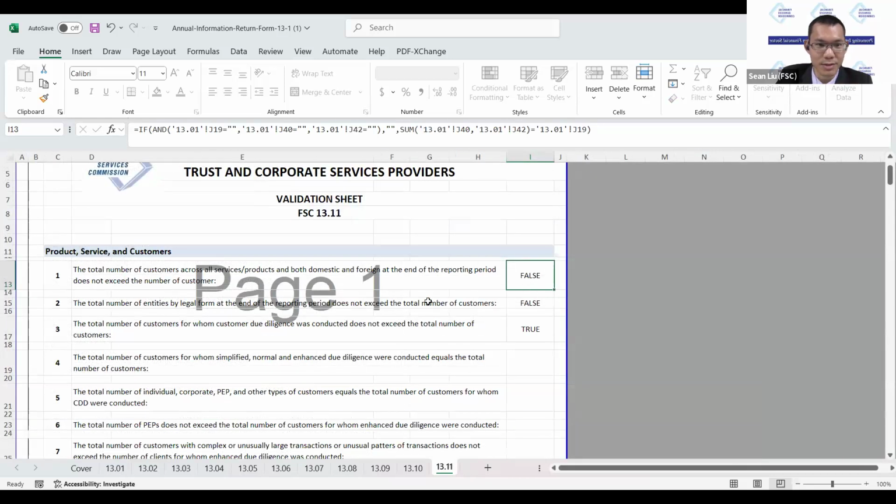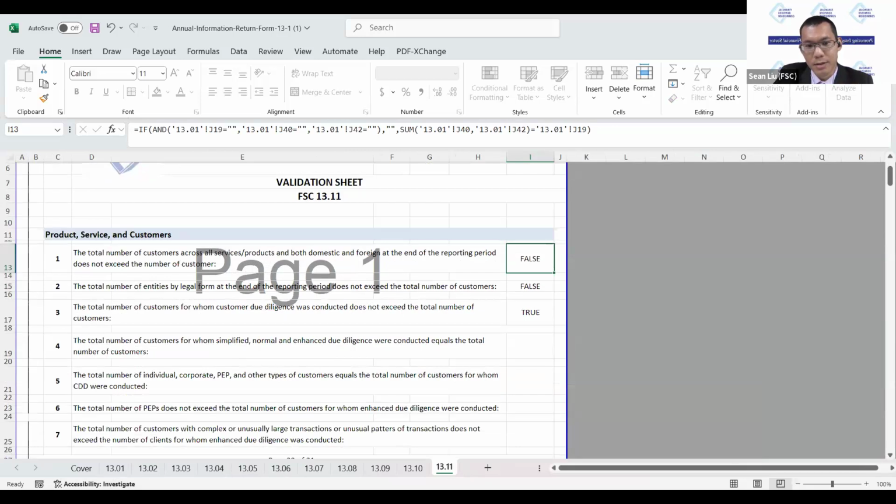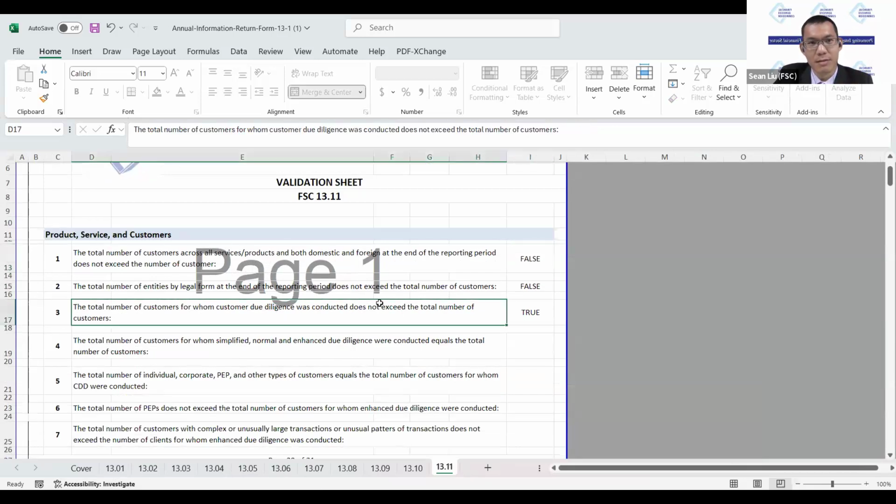It'll come back as false. So in other words, you guys can also use this sheet to fact check your own information, if you will. It can be used as a guide. And that's the walkthrough of Form 13, otherwise known as the AIR.